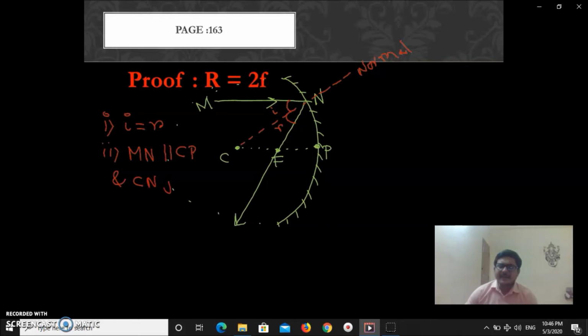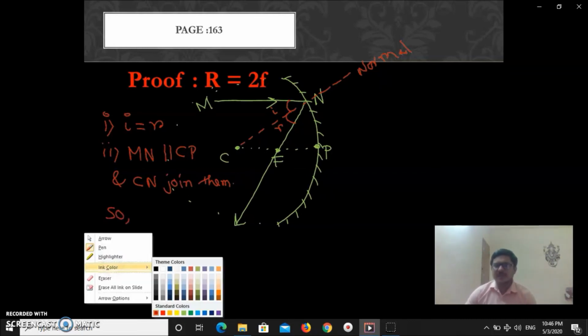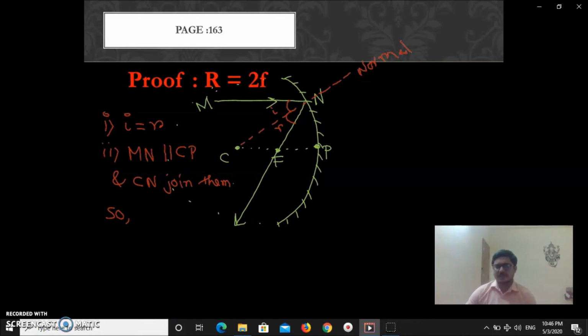And the line CN joins these two parallel lines. So, using a little bit of geometrical knowledge, we can conclude that angle MNC equals angle NCP. The name is alternate angles, because MN and CP are parallel and CN joins them.